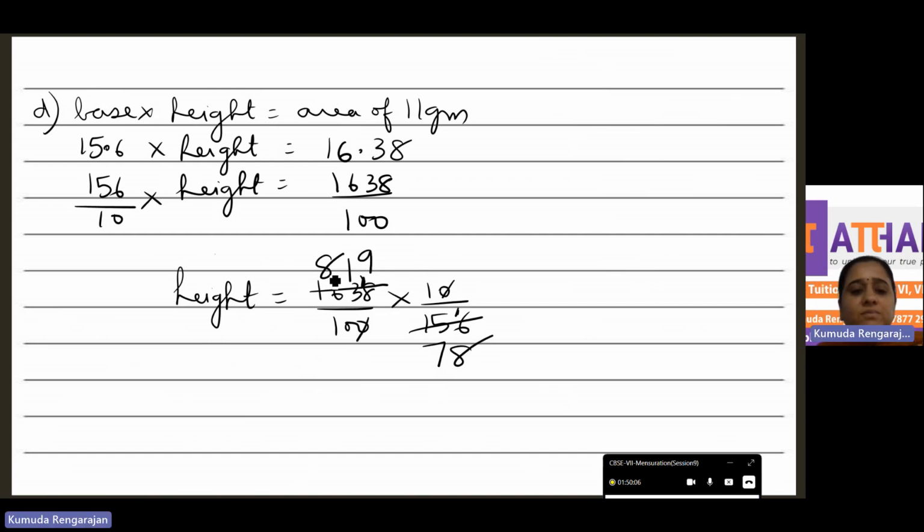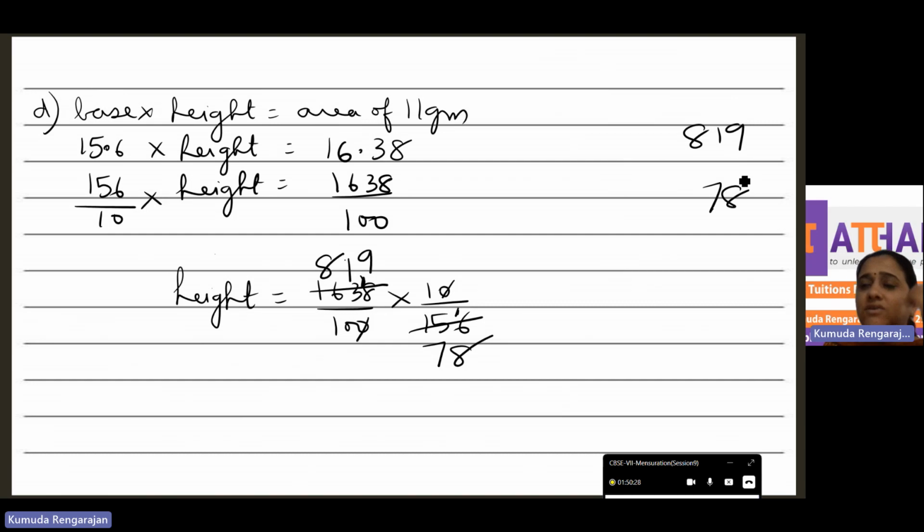Now is this divisible by 3? Because now 819 is not divisible by 2. It's an odd number, so it's not divisible by 2. But 78 is divisible by 2. But both of them are not divisible by 2. So then you should take what?